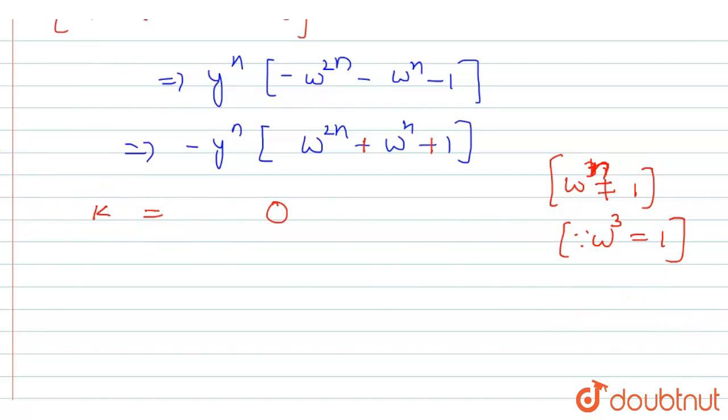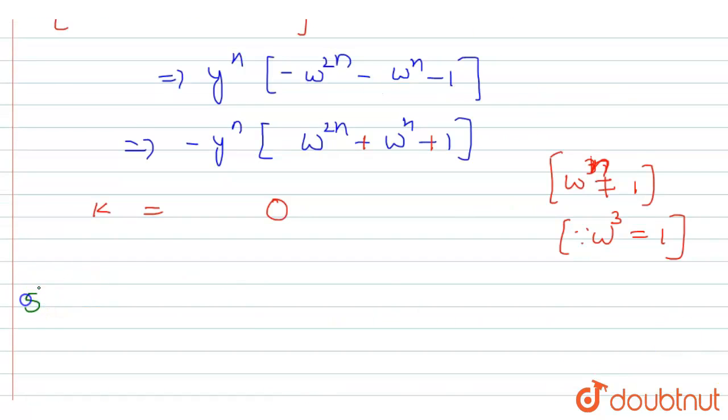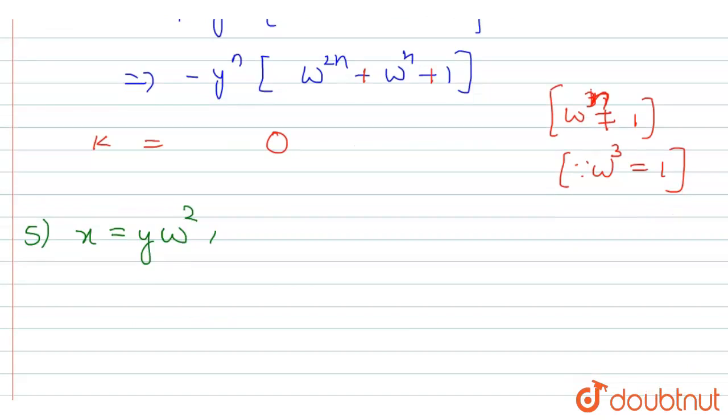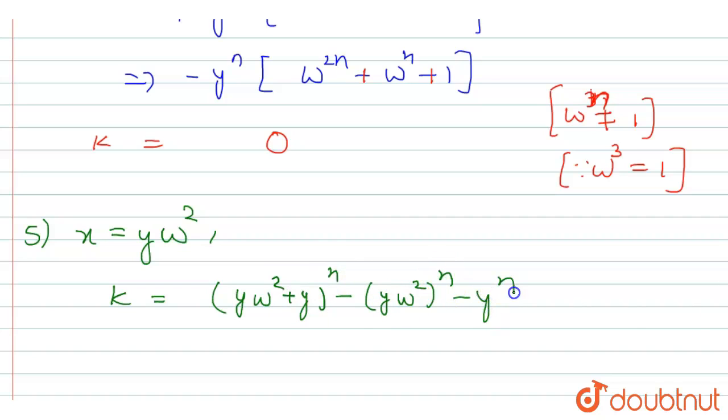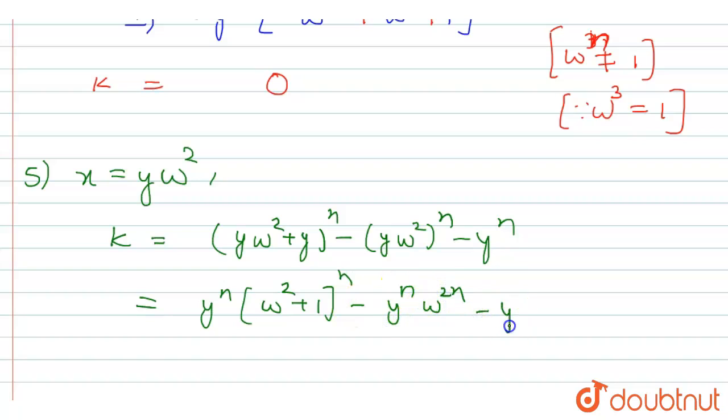Now the next case, case number 5, is when x equals y omega square. On putting it, k equals (x plus y) to the power n, so it is (y omega square plus y) to the power n minus x to the power n, which is (y omega square) to the power n, minus y to the power n. Now we simplify by taking y common: y to the power n (omega square plus 1) to the power n, minus y to the power n omega to the power 2n, and minus y to the power n.